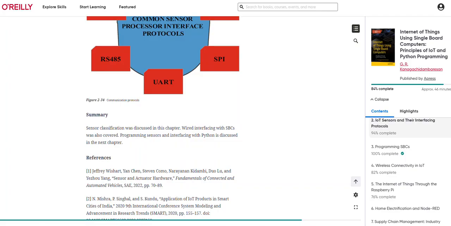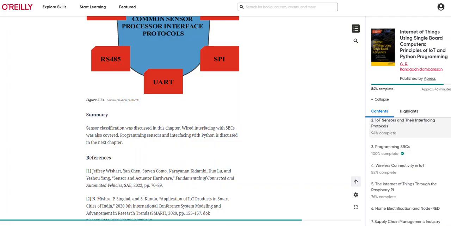Energy harvesting sensors that generate power from light, vibration, or heat. These advances are enabling new possibilities in health monitoring, environmental sensing, industrial automation, where sensors can not only collect data, but also pre-process it locally.